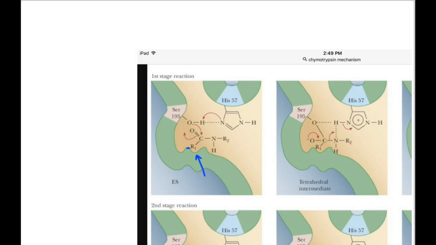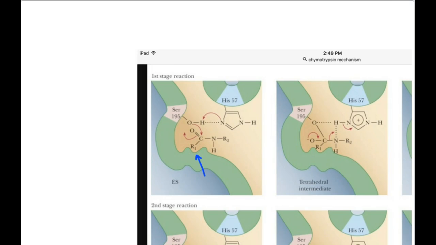What we mean is that lining this face of the protein right here are many, many hydrophobic residues, hydrophobic side chains. And so the protein that's going to be cut by chymotrypsin, the substrate that's going to be cut, has a hydrophobic side chain there as well. So the hydrophobic side chain R1 fits and nestles very nicely in the hydrophobic pocket, and that lines the substrate up in this configuration.